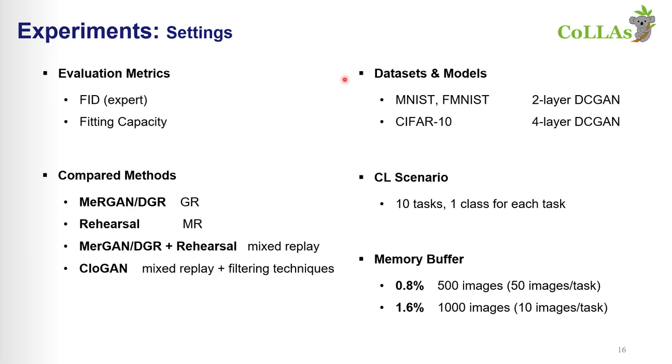We use the following datasets and models. For all datasets, we construct a sequence of 10 tasks, each corresponding to a single class. And we adopt 0.8% and 1.06% of the total number of images as the size of the memory buffer.